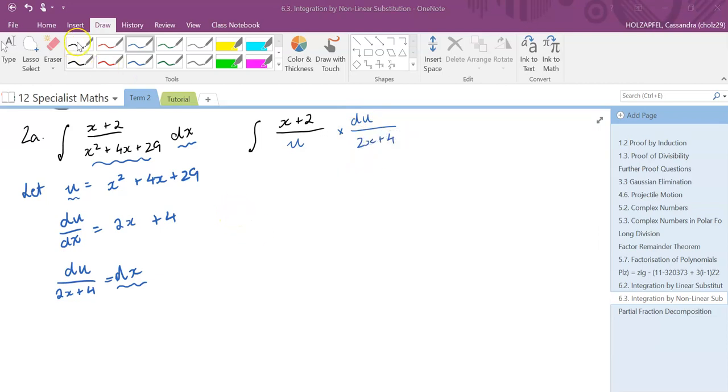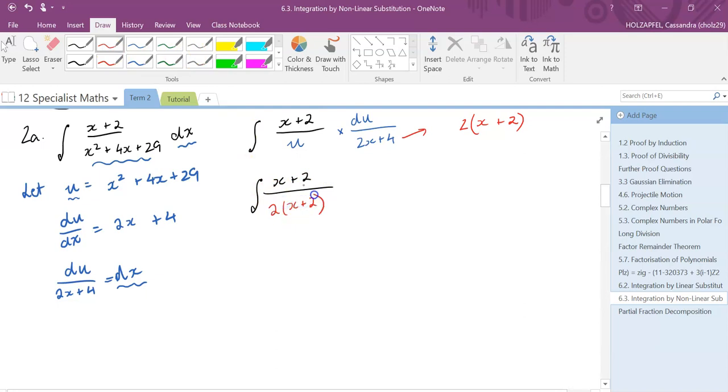All right, now I can kind of hope that you're seeing what I'm seeing here, and that's the 2x plus 4. If I factorize out that 2, I'm going to get x plus 2. So what this is really going to turn into is going to be the integral of x plus 2 over 2x plus 2 u du. And these are going to just simplify to a half.